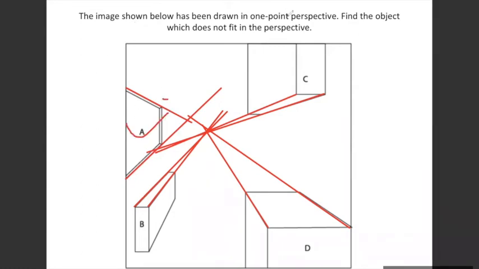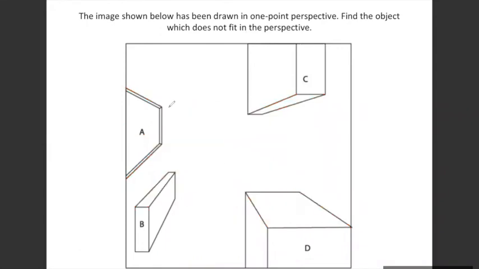Another thing which is also happening with option A, I don't know if you have looked at these edges. Even they don't fit in 1-point perspective. In 1-point perspective, you have vertical, you have horizontal, and then you have these diagonals which are meeting at one point. If you look at these edges, one edge is in some diagonal. This edge is also in some kind of diagonal.